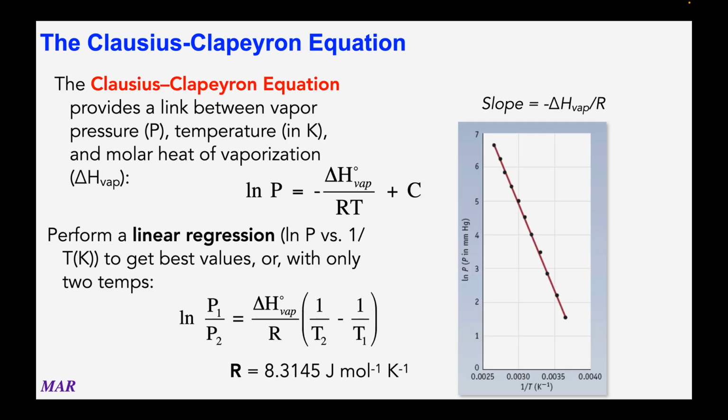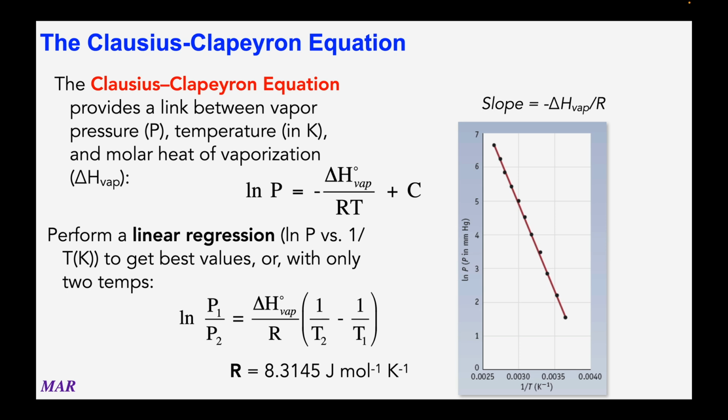The Clausius-Clapeyron equation is an equation that's used often to figure out things like the heat of vaporization. It can be used for lots of these different delta H values we're going to talk about, but the delta H vaporization is real common. And so these scientists figured out, which is a testament to their power, if you make a plot of the natural log of pressure, vapor pressure, versus 1 over the Kelvin temperature, you actually end up with a straight line.